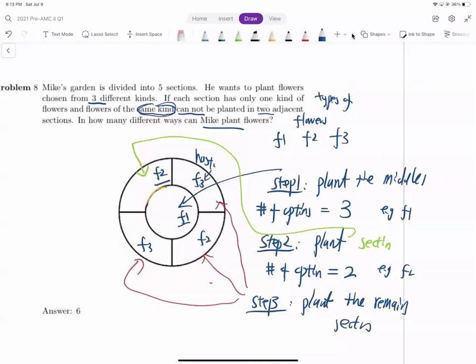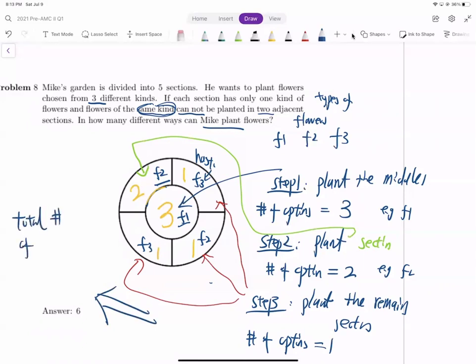So the number of options equals 1. All right, so you have 3 options for this, 2 options for that, 1 option for the remaining sections. Then we apply the multiplication, and from here we get the total number of ways equals 3 times 2 times 1 times 1, which is 6.